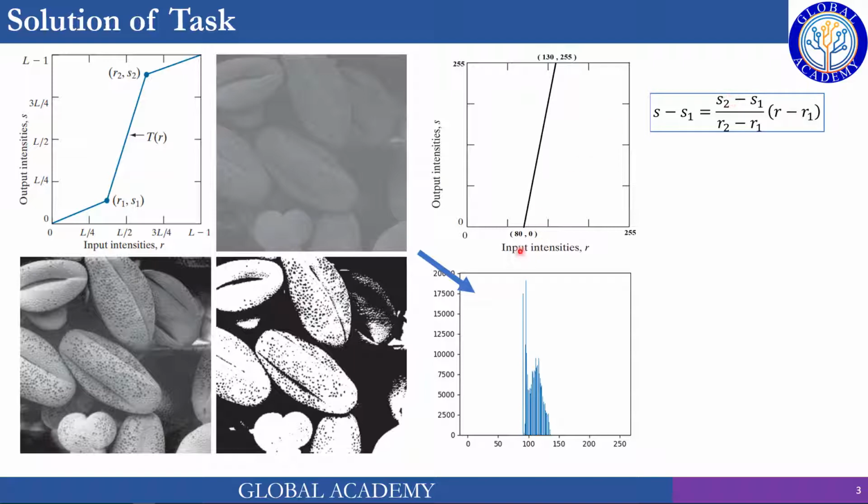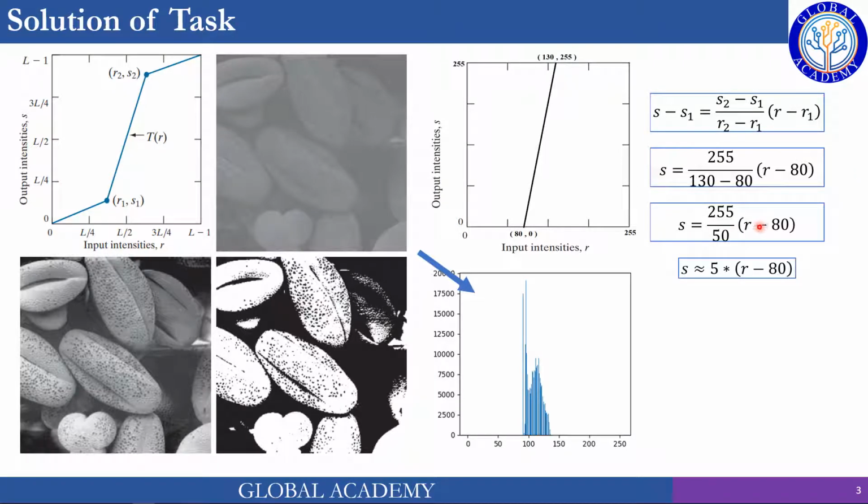So by plugging r1 s1 r2 s2 in this equation, we get this result: 255 over 130 minus 80 times r minus 80. So by simplifying, we get this form, and with a little approximation, which is like addition or subtraction of one gray level from these two values 80 and 130, we can get this result, because if we have 51 over here, we can have exactly 5 as an integer in our answer.